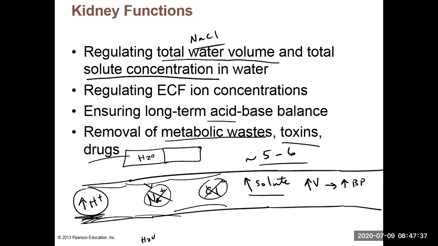Sometimes they use illegal drugs, anabolic steroids, things in that nature to have a competitive edge. But when you take a sample of the urine, those byproducts as well as some of those drugs end up in the urine. And now you have to answer the question, what is it doing there? As you know, a lot of athletes got caught that way as well. So there you go. These are the general functions.